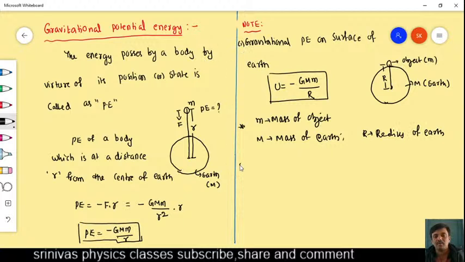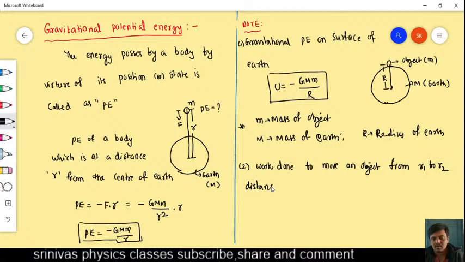One more point I am going to give. For example, the work done in lifting, to move an object from R1 to R2 distance.